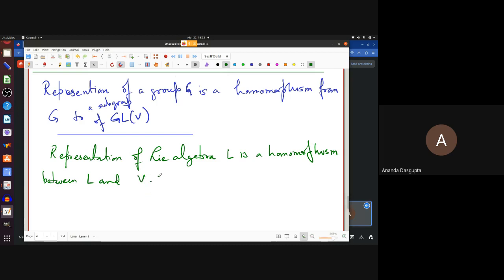When you talk about a specific concrete vector space, that becomes a sort of representation or realization of the Lie algebra. Of course, what is important is the homomorphism fact.